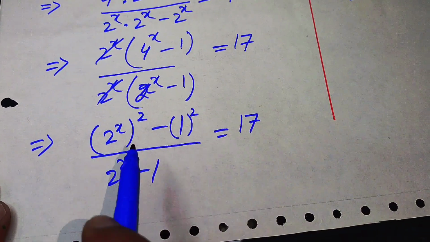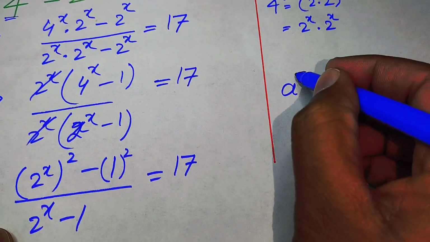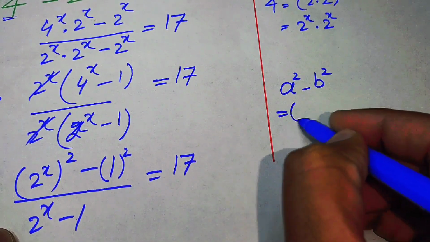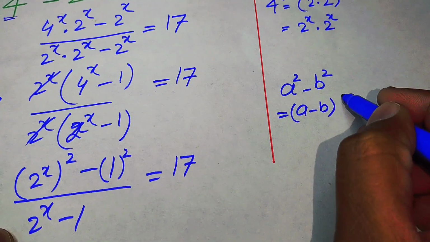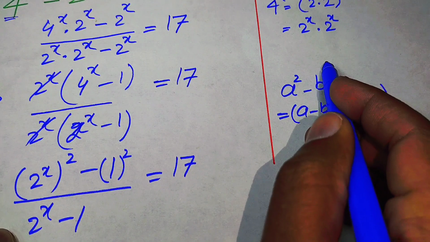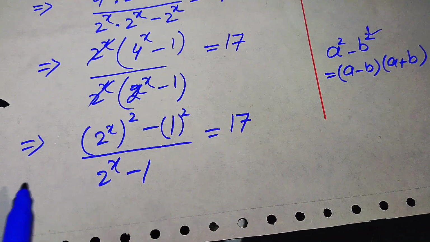And after that we obtain the formula in this form, a² − b², and we know that it becomes (a − b) times (a + b). We apply this famous identity here.